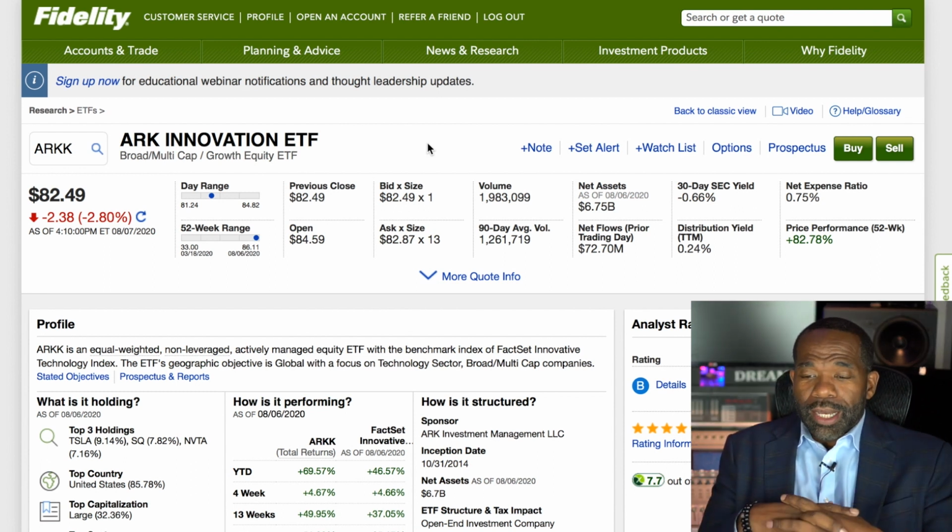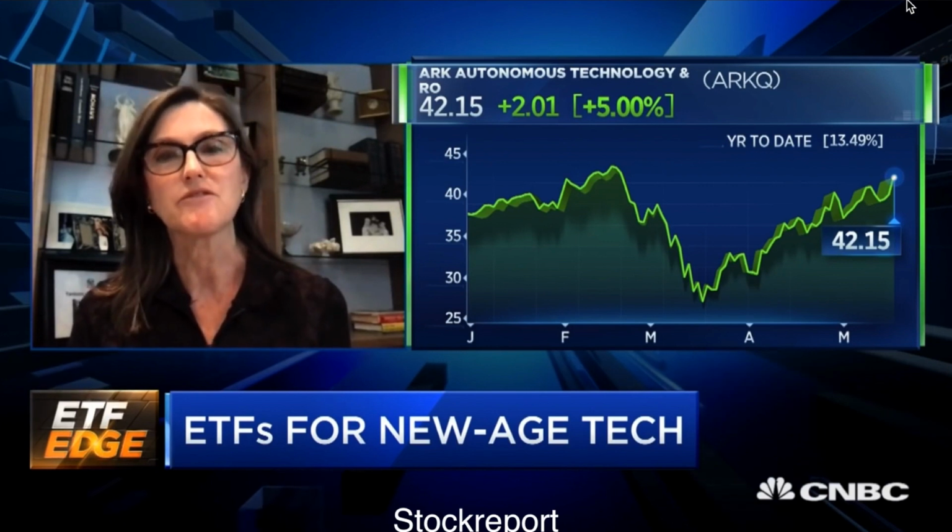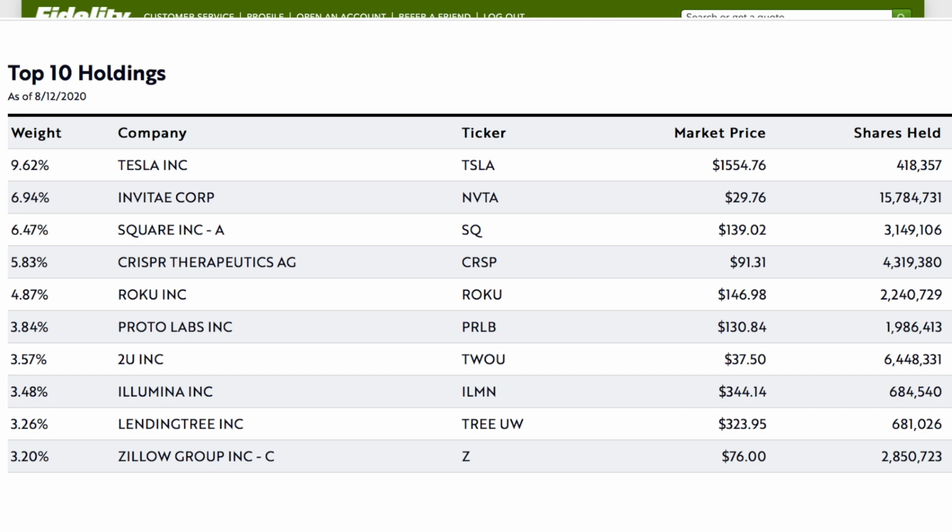The lady that runs this fund, Cathie Wood, I believe I'm saying her name right, is the manager, and it's an actively managed fund. I'm going to pull up a graph so you can see all the companies you're buying. Tesla is in here, and you're going to look at all of these tech companies. This one is tech heavy.